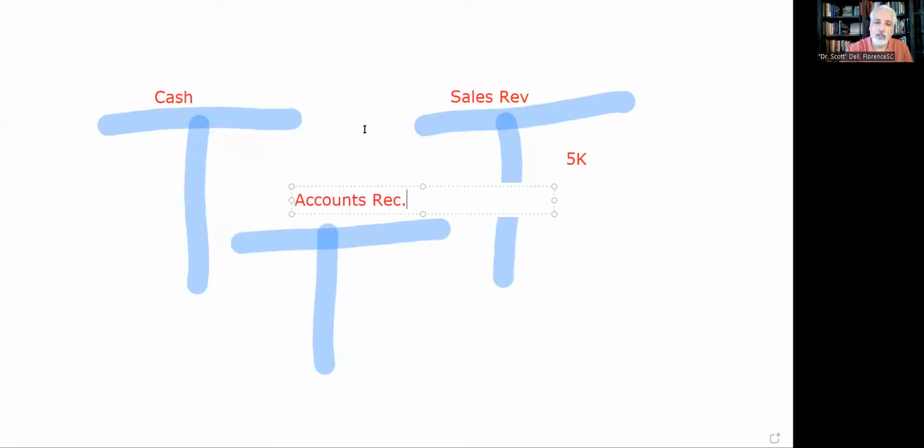So if we look at that, we say, okay, I got another customer that spent $10,000 with us. And actually, I don't know what happened to my 5,000 there, but make sure I put it there. So I get a receivable of 10,000. And then I get sales revenue 10,000.